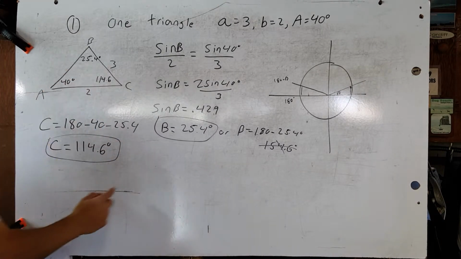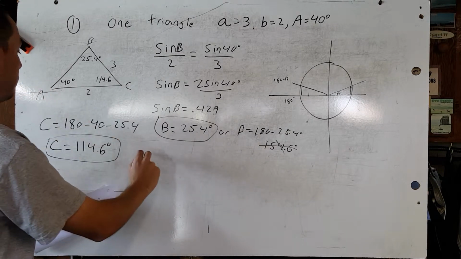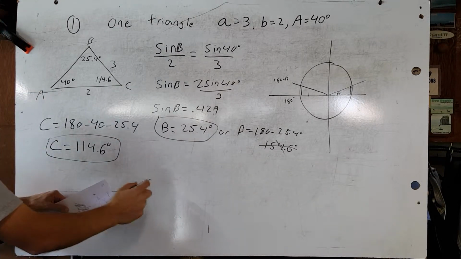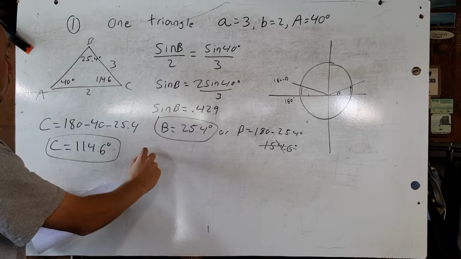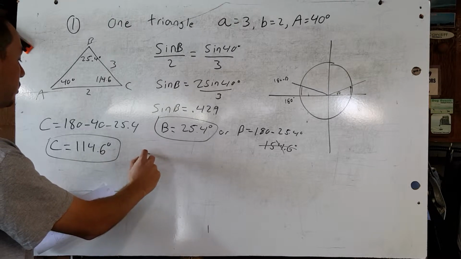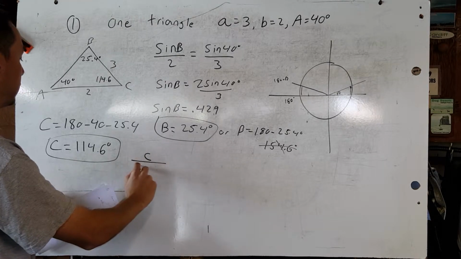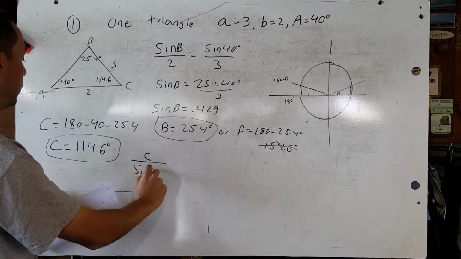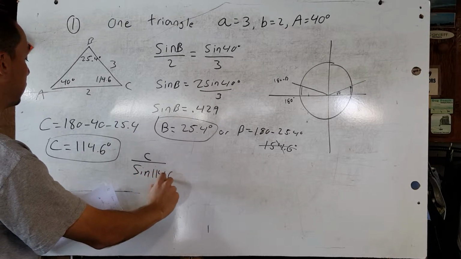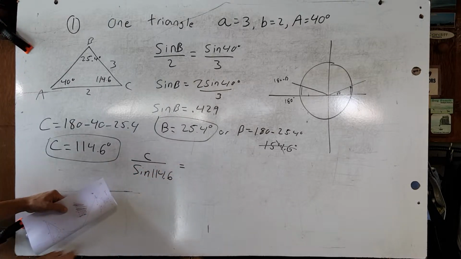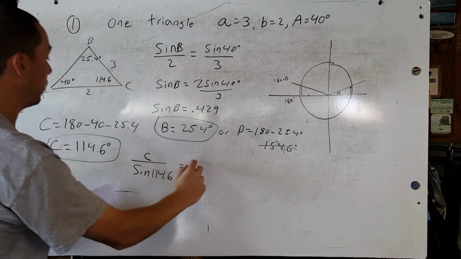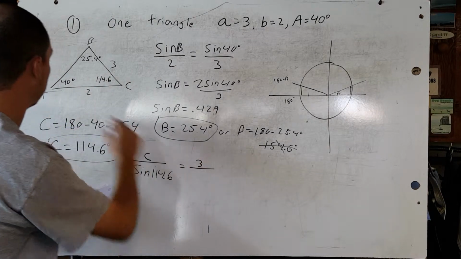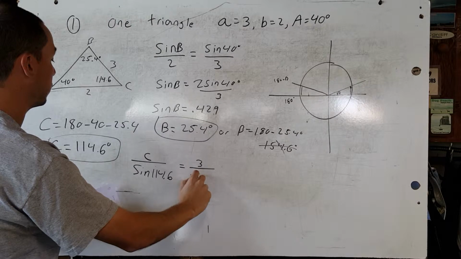Last part, find side c. Since these are proportions, let's switch around. I want to solve for c, so I want little c to be in the numerator. Little c over the sine of angle C, 114.6, is equal to little a, or side a, over the sine of 40 degrees.